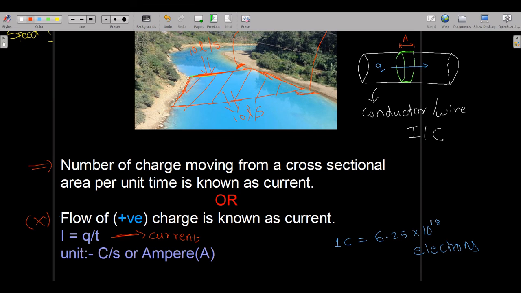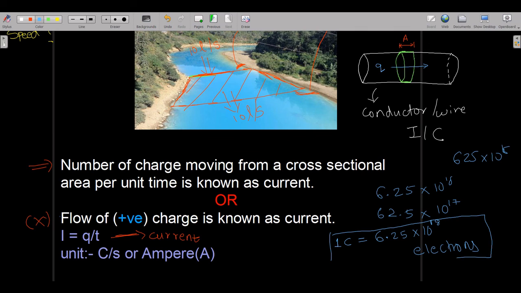If you keep moving the decimal point one place and reducing the power by one, that is 10 raised to 17, then 625 into 10 raised to 16, and so on, you end up with a huge number. So you can remember that 1 coulomb is 6.25 into 10 raised to 18 electrons.